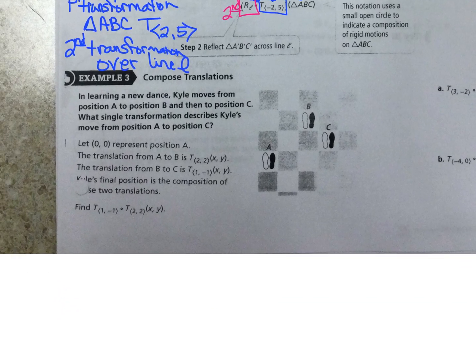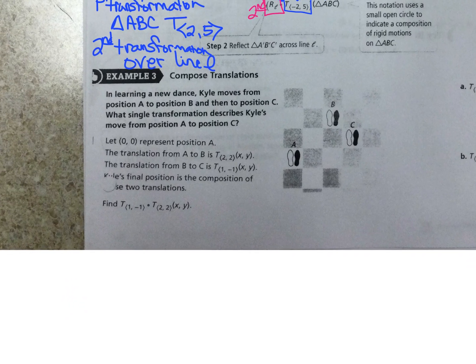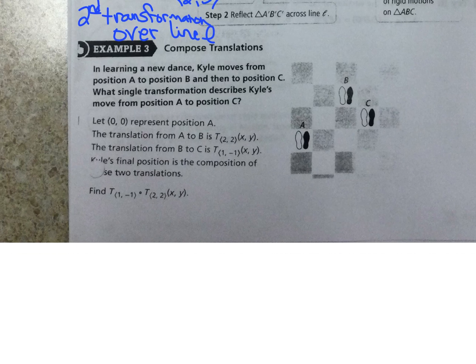And if you look down here, Kyle is learning a new dance, and he's moving from A to B. So up 2, over 2. Right there, that is. And then he moves to position C. So over 1, down 1. And there that is. So his final position is the composition of the two transformations.